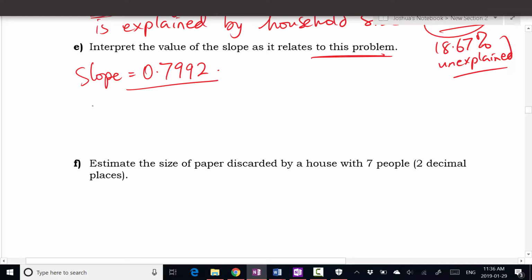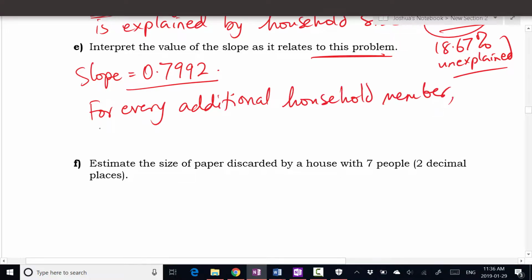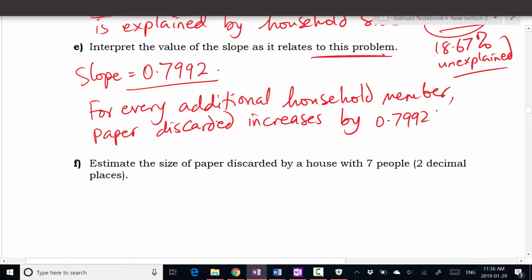So we will say that for every additional household member, the amount of paper discarded, which is y, will increase, because the slope is positive, by 0.7992 kilograms on average. So for every unit increase in household size, or if household size increases by 1, paper discarded increases by this amount on average.